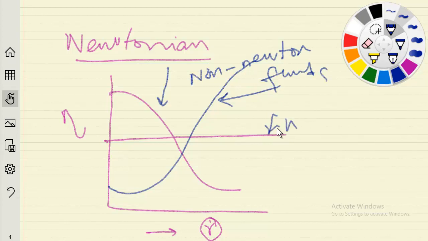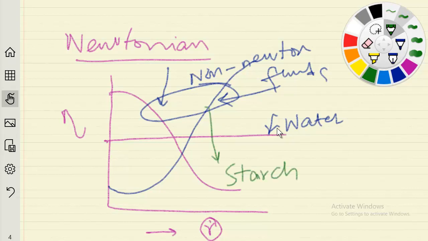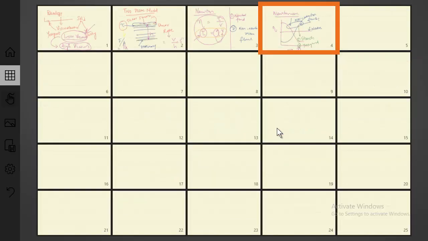This is water, which is a Newtonian fluid, and these two substances will be termed non-Newtonian fluids. Examples of non-Newtonian fluids can be starch, yogurt, and other such substances.